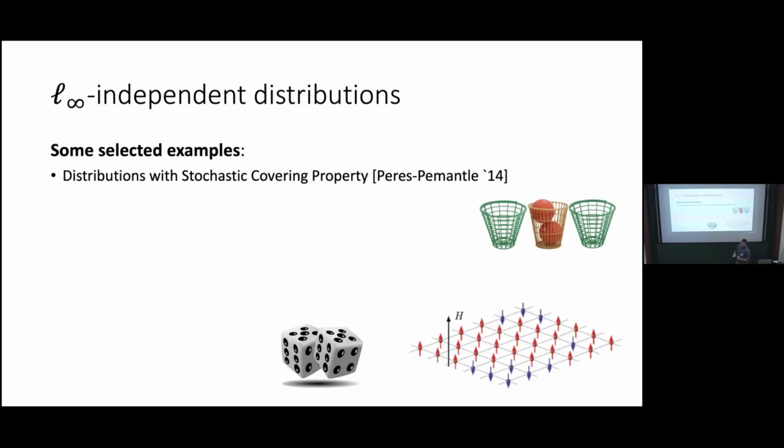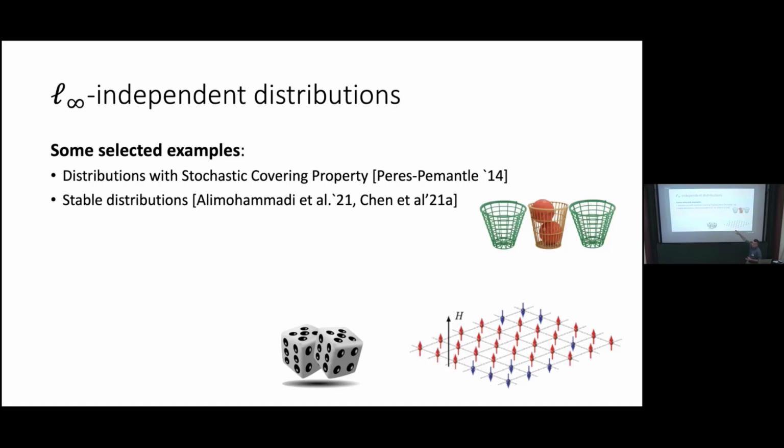Okay, I list five. These are distributions that satisfy this stochastic covering property, for the ones who know what it means. Then there are distributions where the generating polynomial has some nice properties, in particular the zeros of this polynomial are in some particular regions of the complex plane, and then we can prove that the distribution is L-infinity independent.